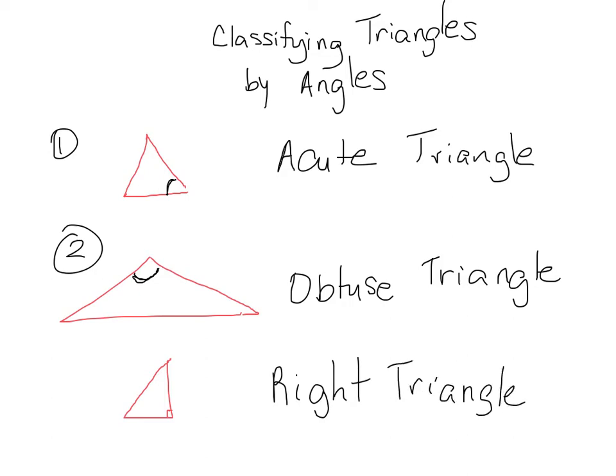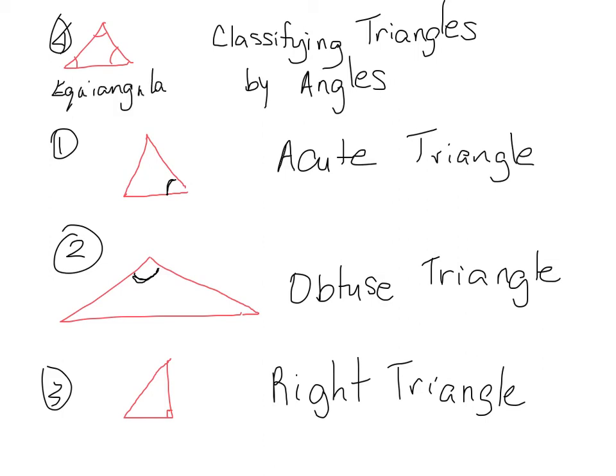Alright. The only other way that we can classify a triangle by its angles is if all angles, so I'll call this question 4, and I'll put it up here. If all our angles are the exact same measure, so if we have 60, 60, and 60, this is called an equiangular triangle. I'll write that down. We have equiangular.